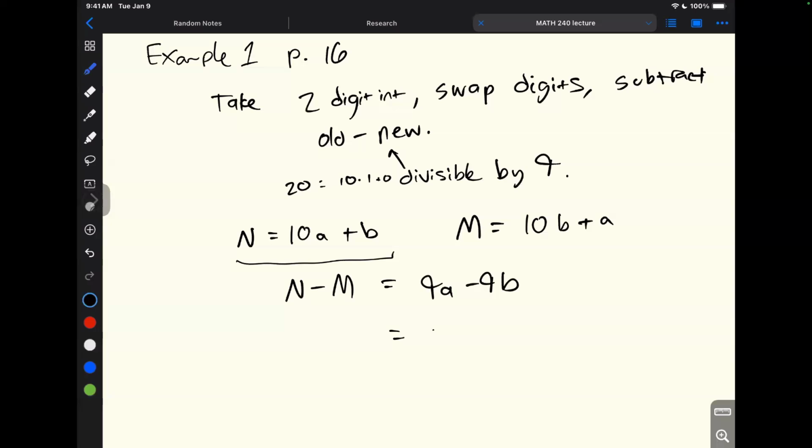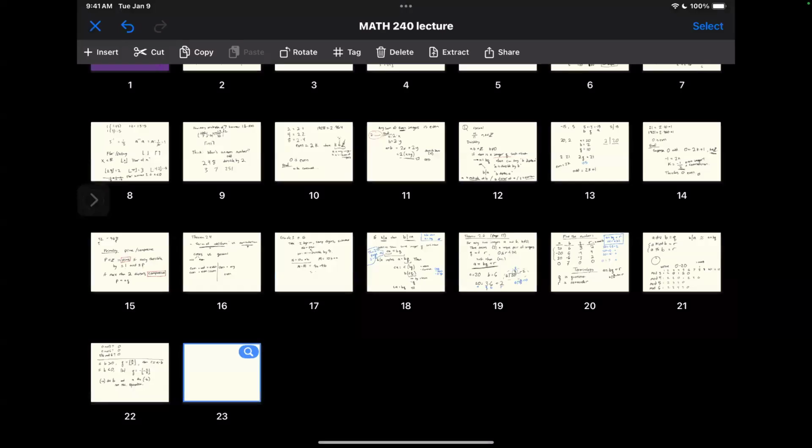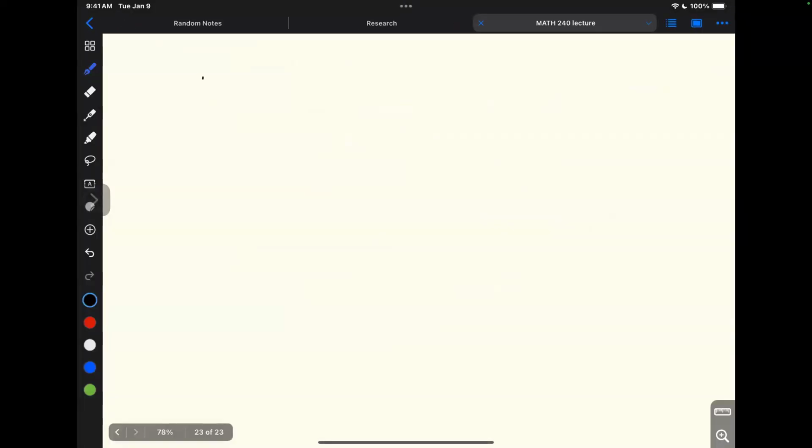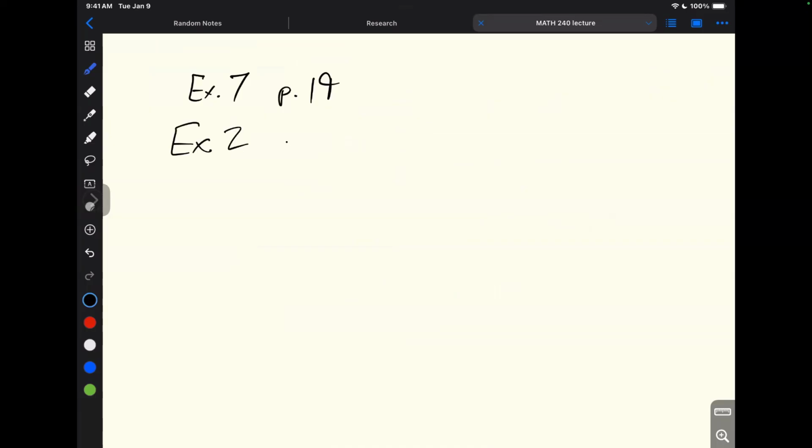So the other example, let me see. So example 7, page 19. The other one you can work on is, I liked example 2 on page 17, which is: is it possible to pay an exact total of 1,674 when buying only $12 items and $32 items?